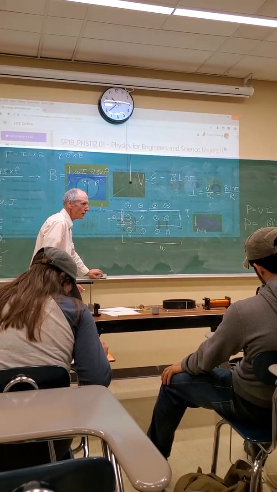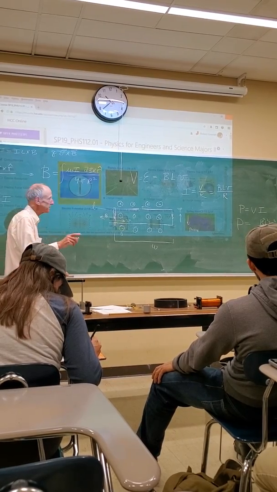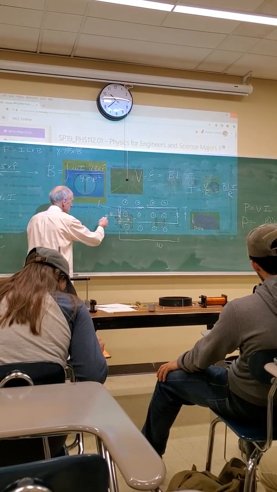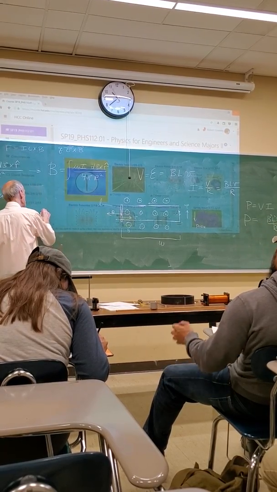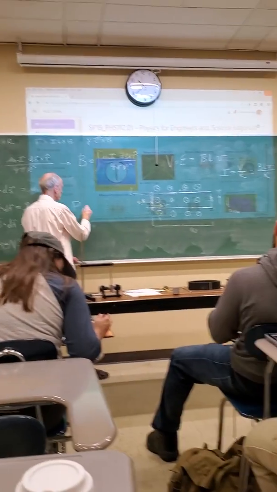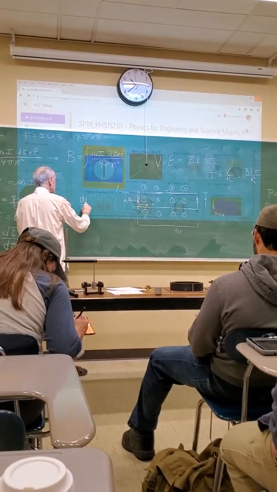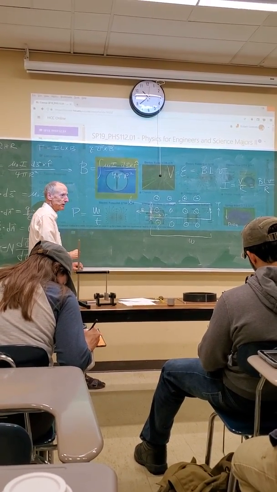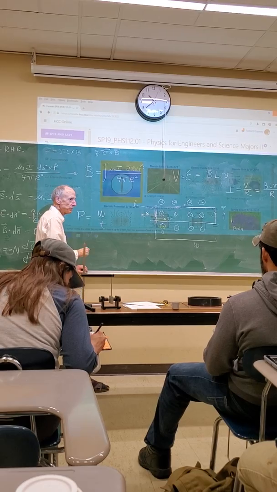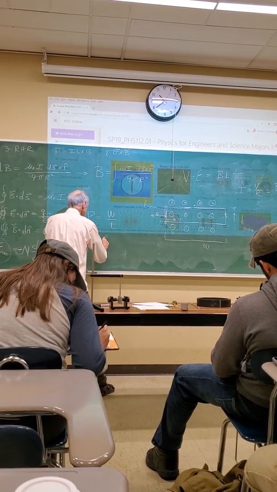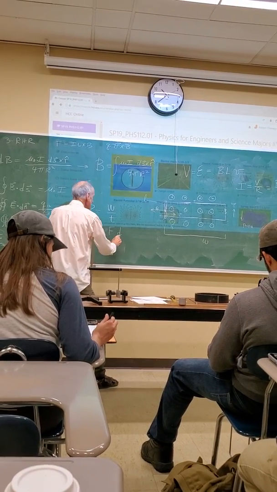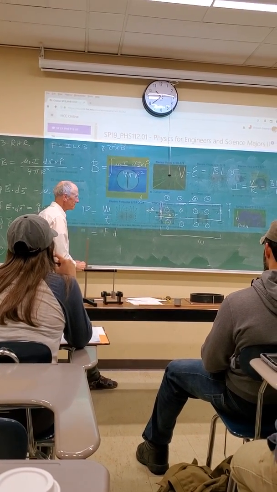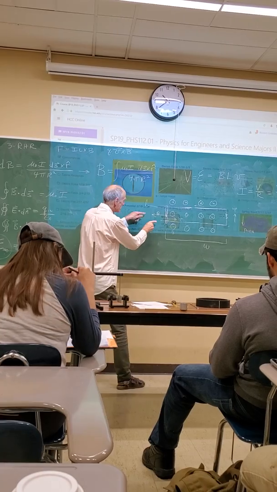And what's the work that I do? There is a problem where you're going to do this, so watch. The power input, the power that I do, is the work that I do divided by the time it takes to do it. The work that I do is the force times the displacement.